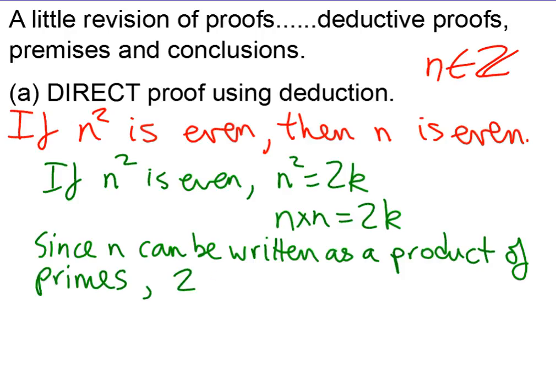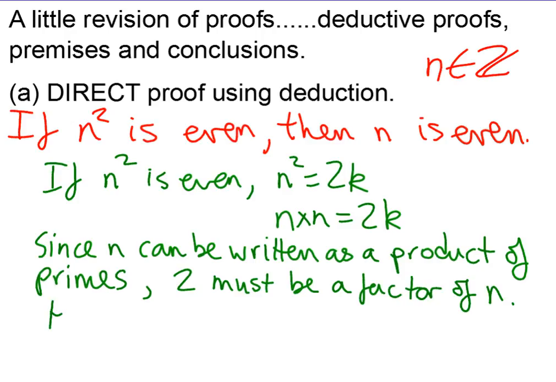Then 2 must be a factor of n. Hence, n is even. Not quite so obvious, but it's true.